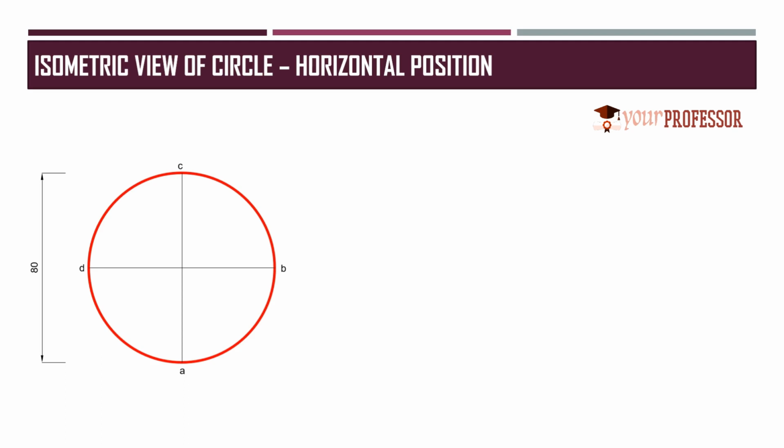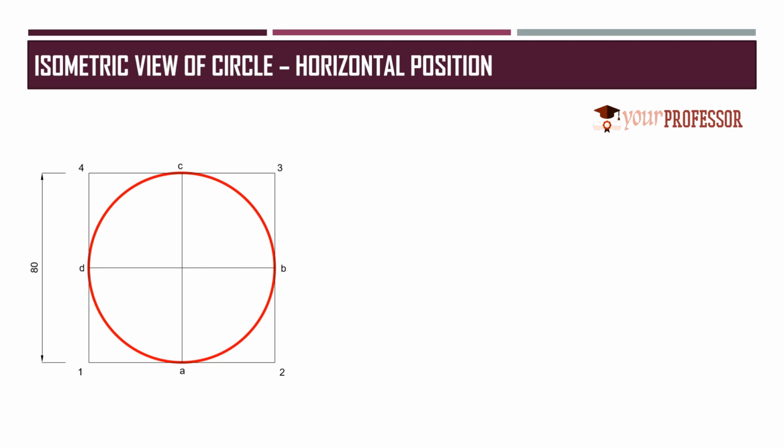Just enclose this circle by considering horizontal lines and vertical lines. Draw a horizontal line passing through A, vertical line passing through B, horizontal line passing through C, vertical line passing through D, like that. Name those endpoints as 1, 2, 3, 4 corner points.